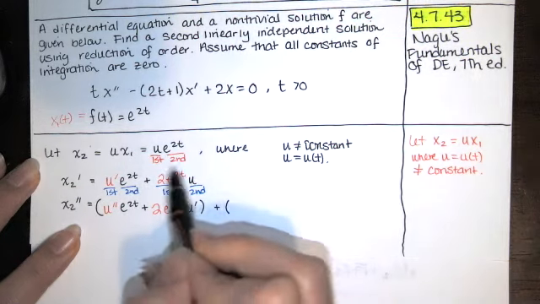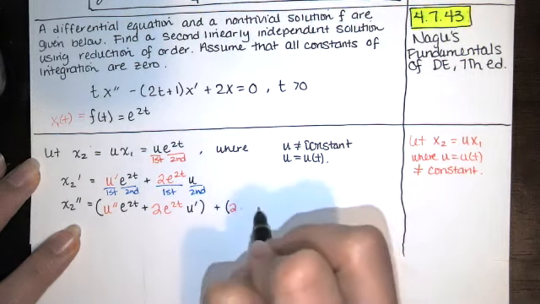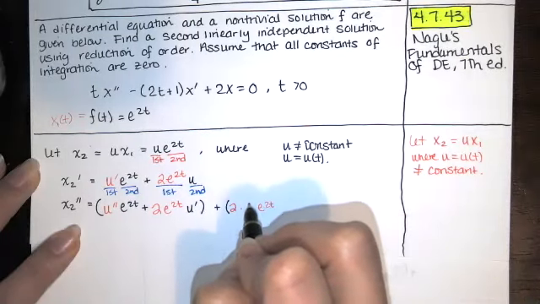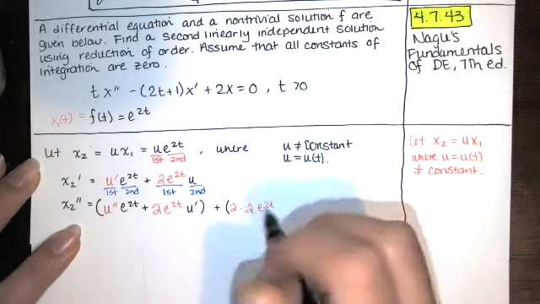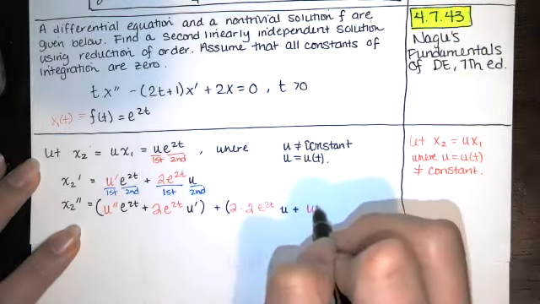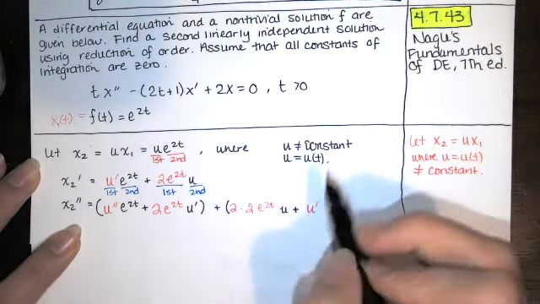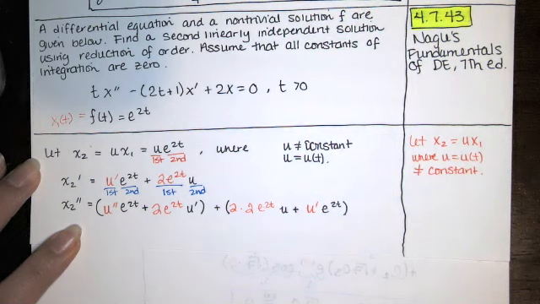We want derivative of the first. We'll have 2 times the derivative of e to the 2t. That's e to the 2t times the derivative of the inside. That's an extra 2. That's derivative of the first, and we need to multiply it by the second function. And then we'll add the derivative of the second function times the first. And let's see if we have any like terms.